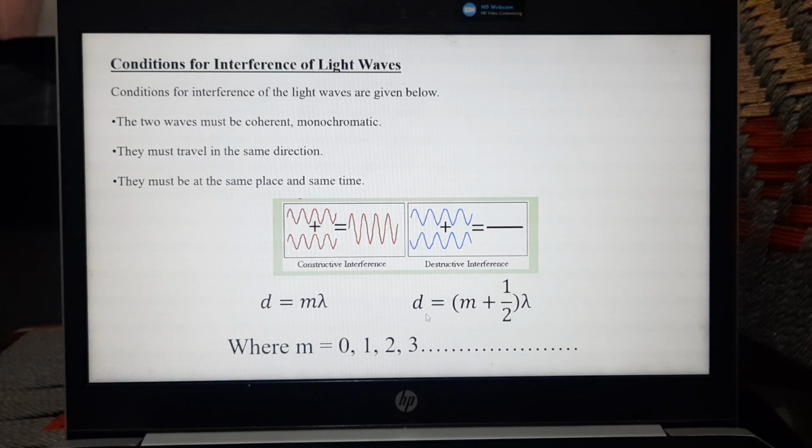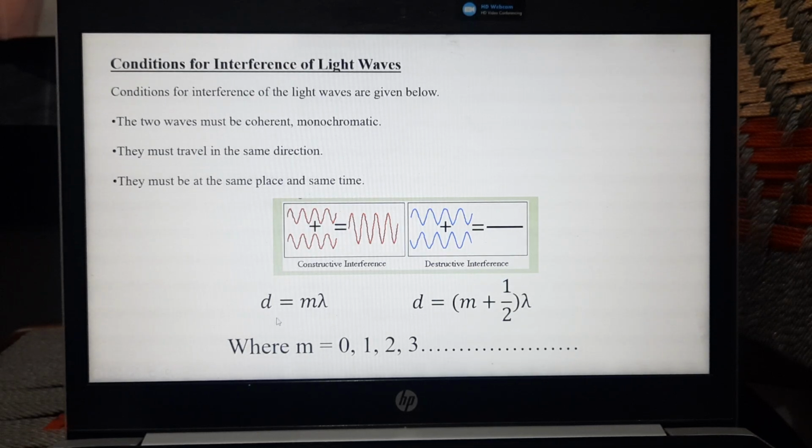But if the path difference between the two waves is half integral multiple of the wavelength, the resultant interference will be destructive interference.